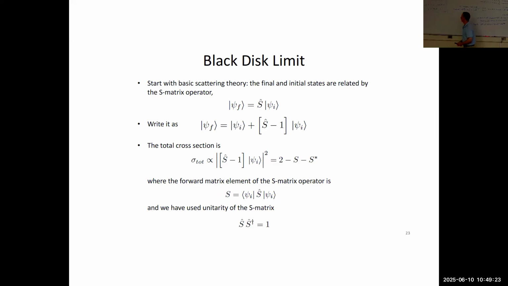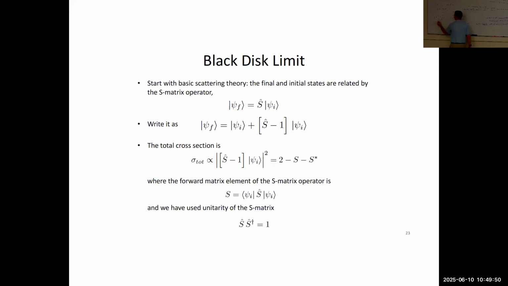And if you like it, you can read more or do more of the problems in the book. So what I was saying is, if you have S dagger minus 1 times S minus 1, right? So you're squaring this operator here, you're going to get S dagger S plus 1 minus S dagger.